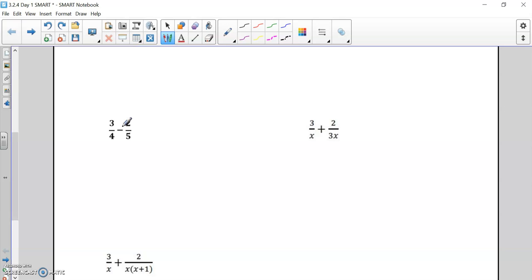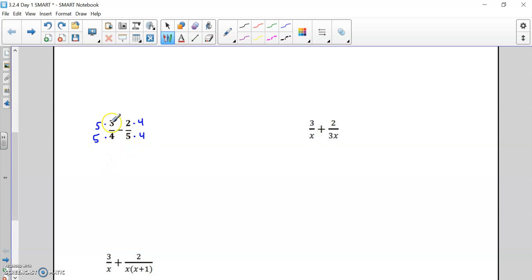So the most foolproof way of doing that is just to use each other's denominators. Here in this fraction, if I want to manipulate it, I can just go ahead and use this denominator and multiply both the top and the bottom by it. And just like that, I'm going to take the other denominator and multiply the right side fraction by it on the top and the bottom. So by doing this, I will get a denominator of 5 times 4 on both sides.